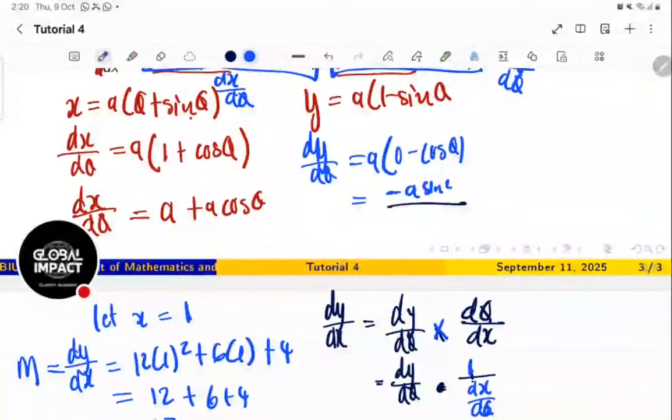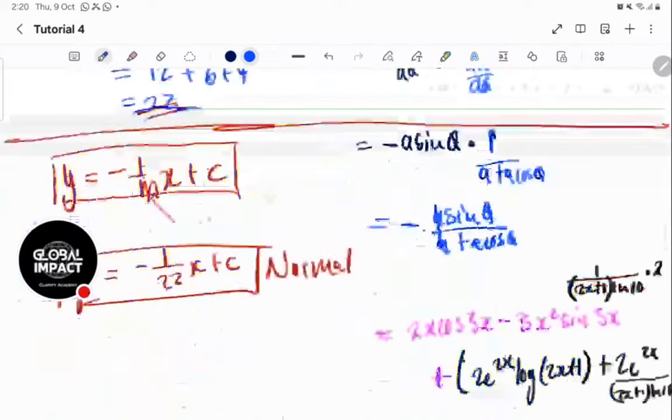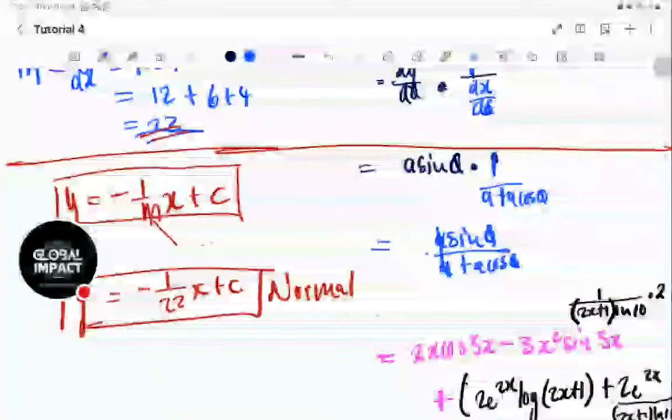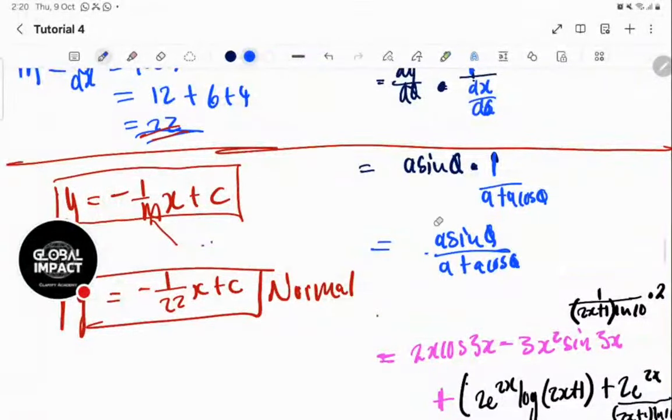Surely the derivative of cos is negative sin, and since it was already negative, the negative of negative sin θ makes it positive. So this is a sin θ, and the other one is a plus a cos θ. There is no negative sign, so you have a sin θ over a plus a cos θ.